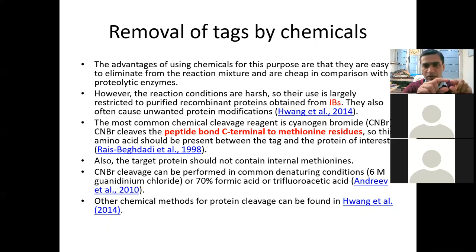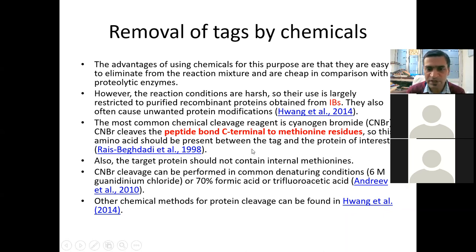For example, if you have a protein followed by a fusion tag, and your protein at the C terminal ends with methionine, then you can expect that immediately after methionine it will be cut. And if there is no methionine anywhere in your protein, then you can add two or three more residues and add a methionine there. So after methionine it will cut.